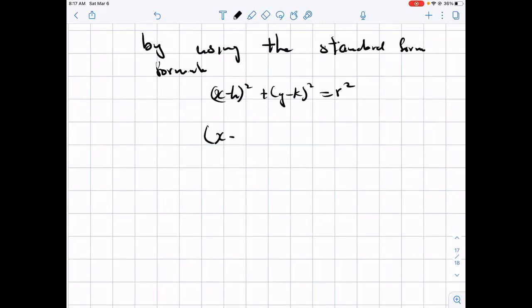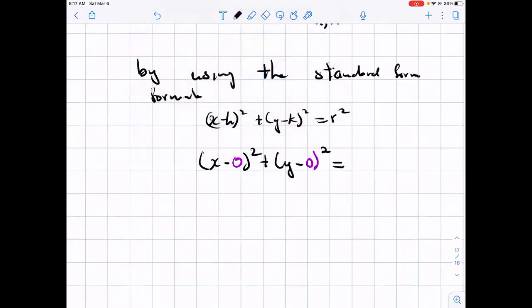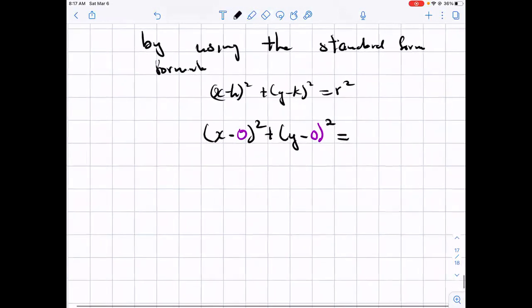So we have x minus, instead of h, we have 0. Plus y minus, instead of k, that's also 0 because it's at the origin. That is equal to r, which we know is 3.